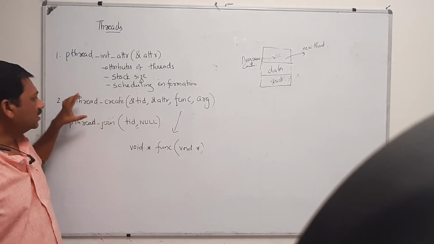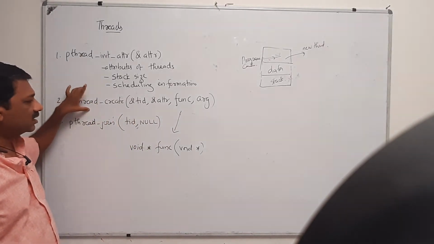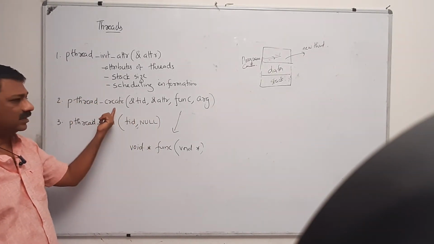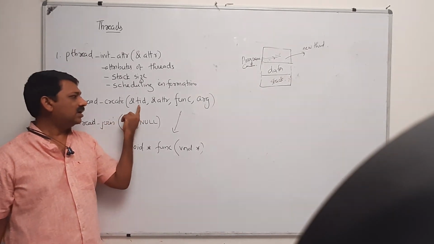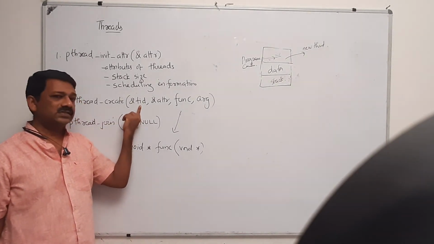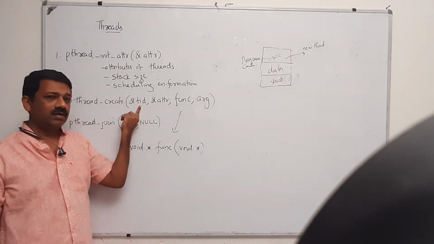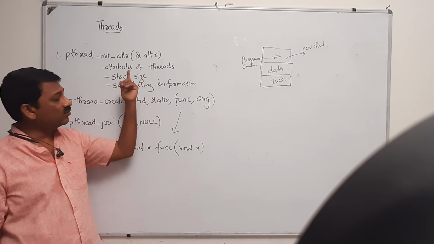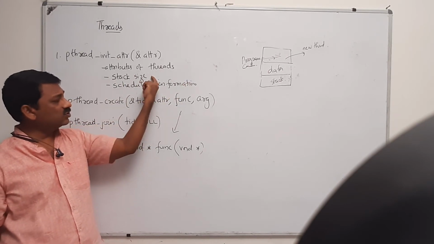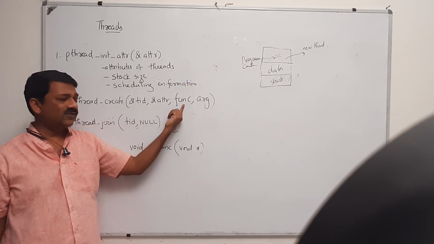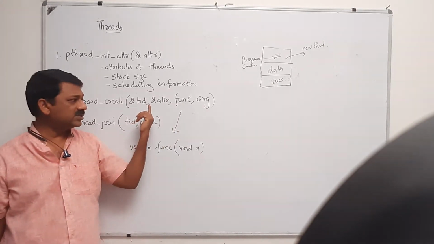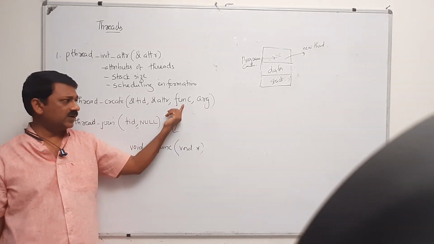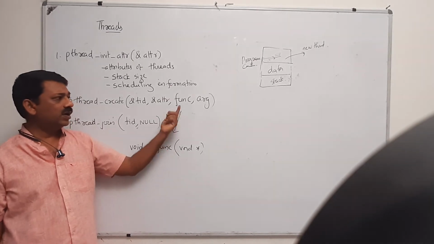So this is for creating a thread, and once it is created, the TID is returned, and these are the attributes already set, and this is the function to which control is transferred, and that function will be executed.